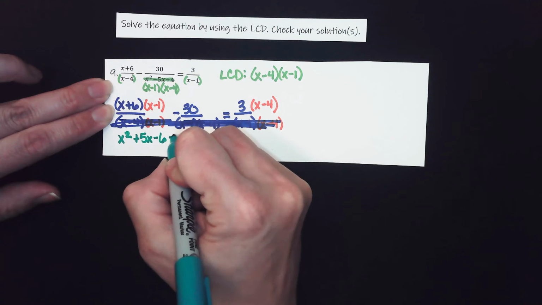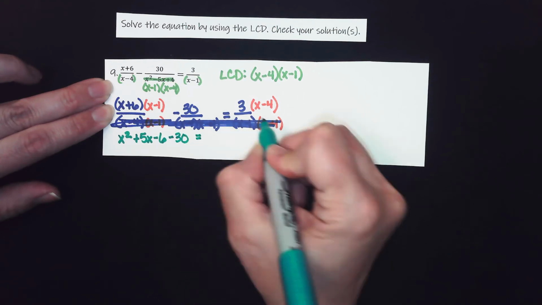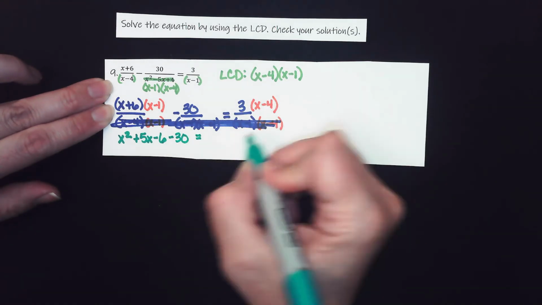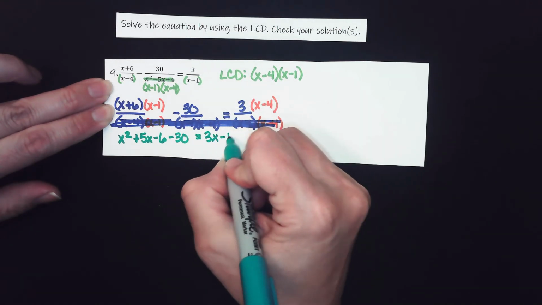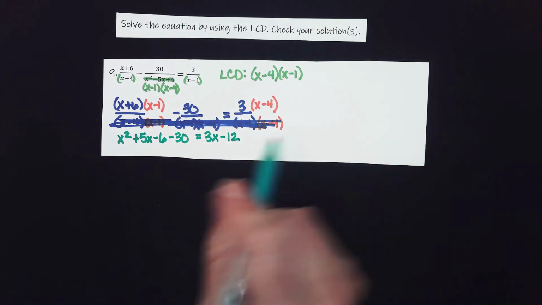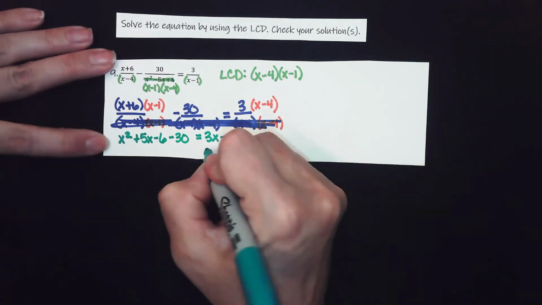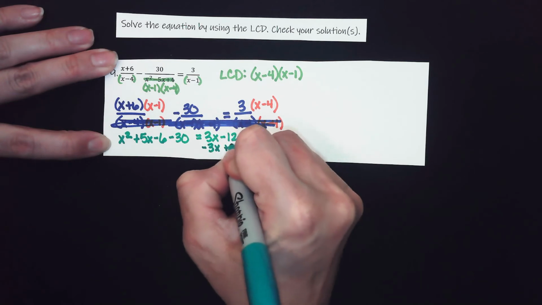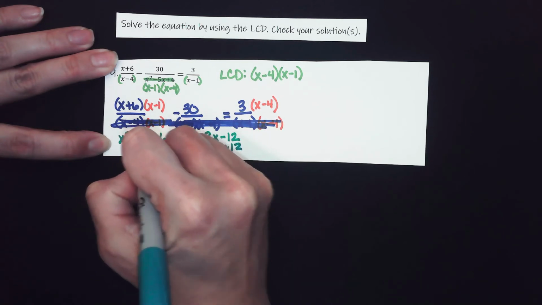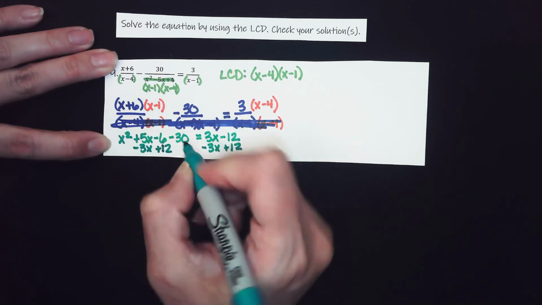Then I have a minus 30 equals, and I have to distribute the 3 to both terms, so I get 3x minus 12. Alright, so I can see this is a quadratic because it has the x squared. So I'm going to move everything to that side and then rewrite it over here. So I'm going to subtract 3x and add 12, and combine some like terms.